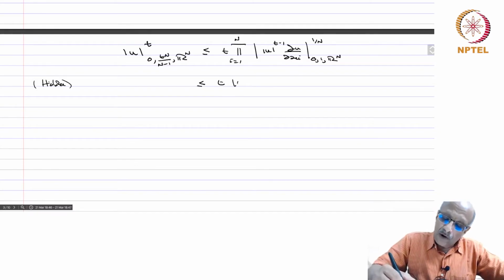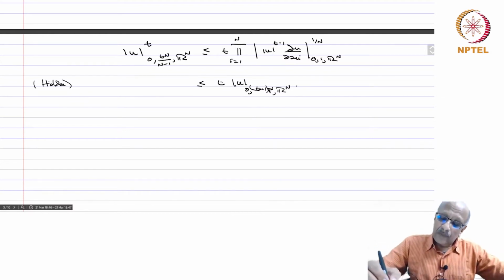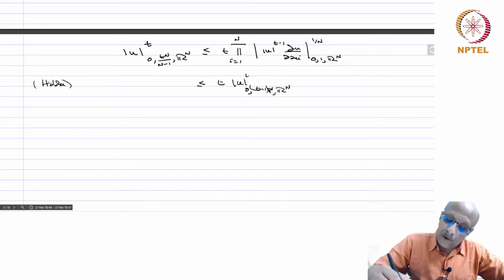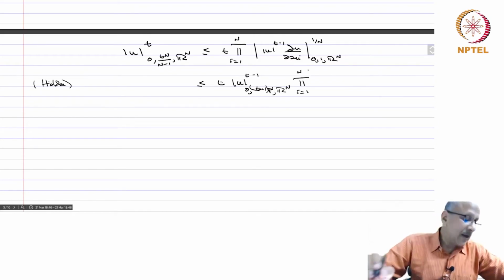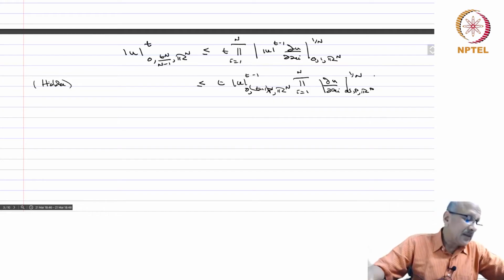So you get the integral of |u|^((t-1)p') over R^n, and then I am going to take the power of 1 by p prime, so there will be a t minus 1 power which is remaining on top, and then the product over i equals 1 to n of the Lp norm of du/dxi, the integral of |du/dxi|^p over R^n, and of course the 1 by n is still there.